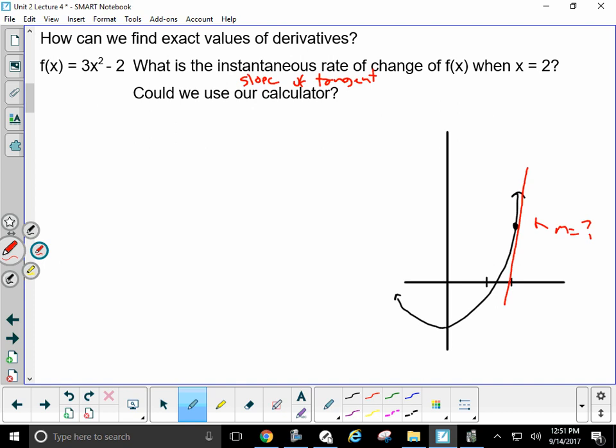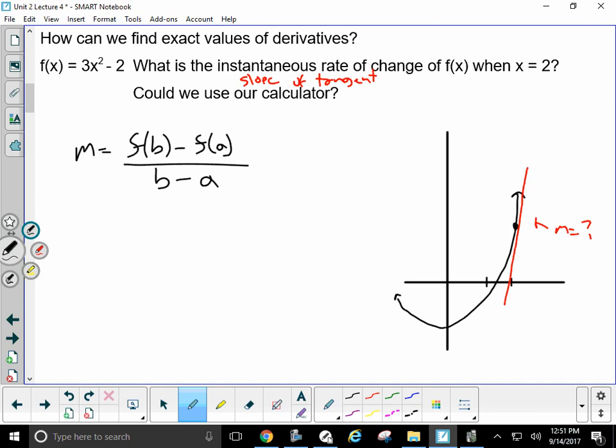Well, if you had a calculator, you can plug in two points into a slope formula. This is the slope of a secant formula. But if you plugged in two points really close together, you'd have a good understanding of what is going on right at that location.